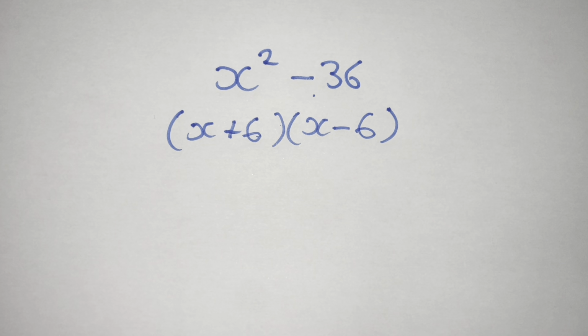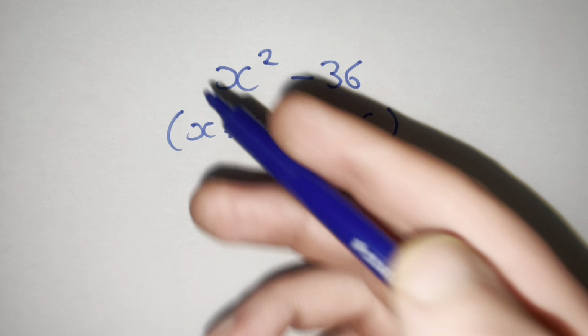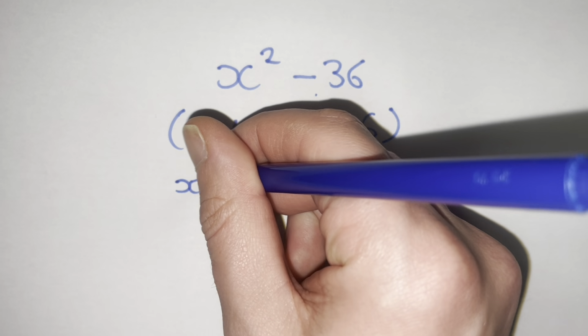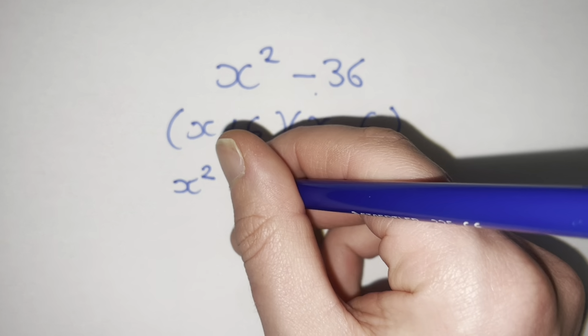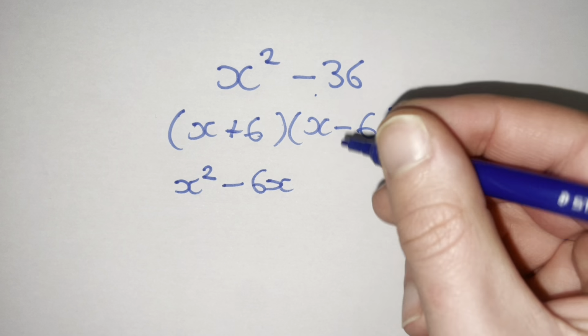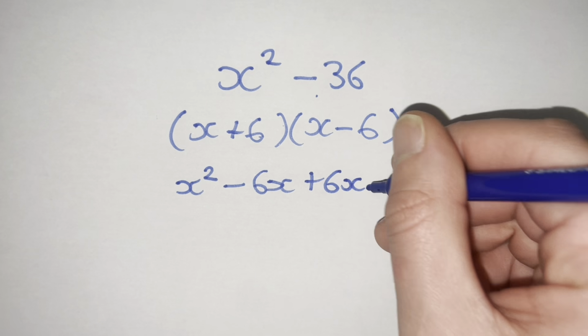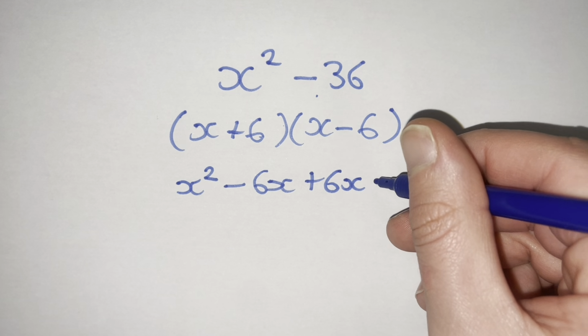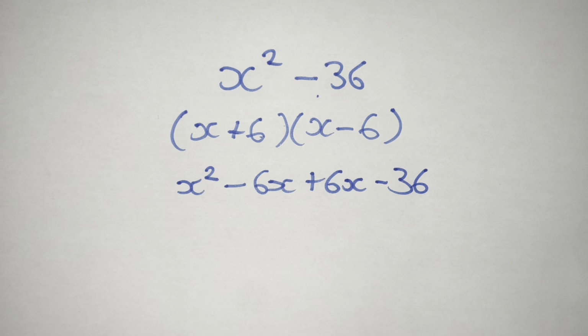Now we can show why this works by expanding this bracket back out. We can do x times x, which is x squared. X times negative 6 is negative 6x. Positive 6 times x is 6x. And 6 times negative 6 is negative 36.